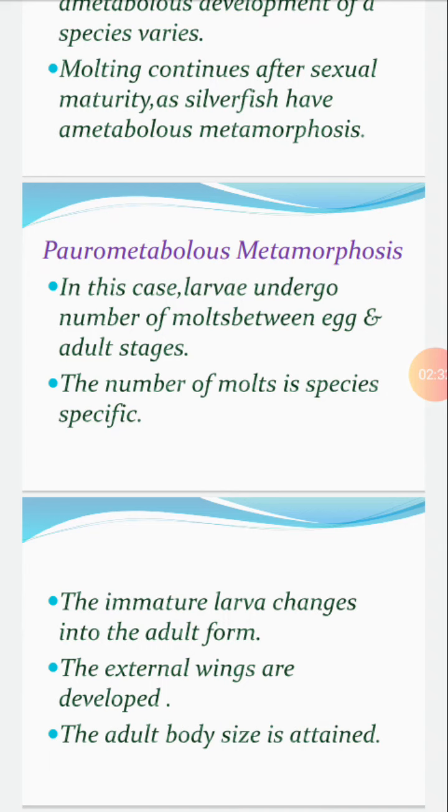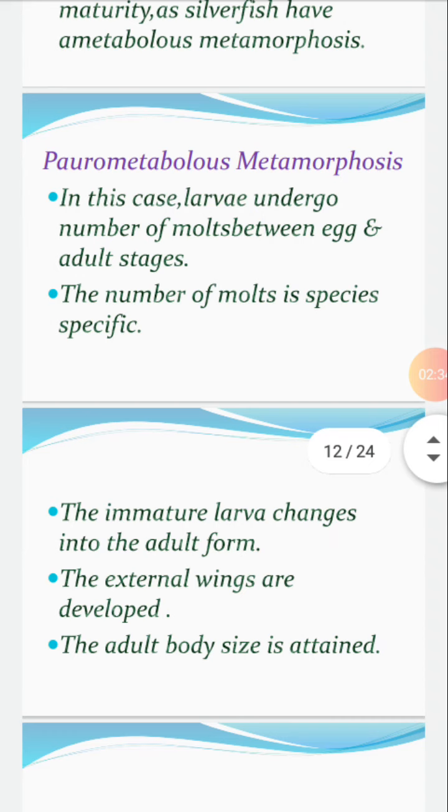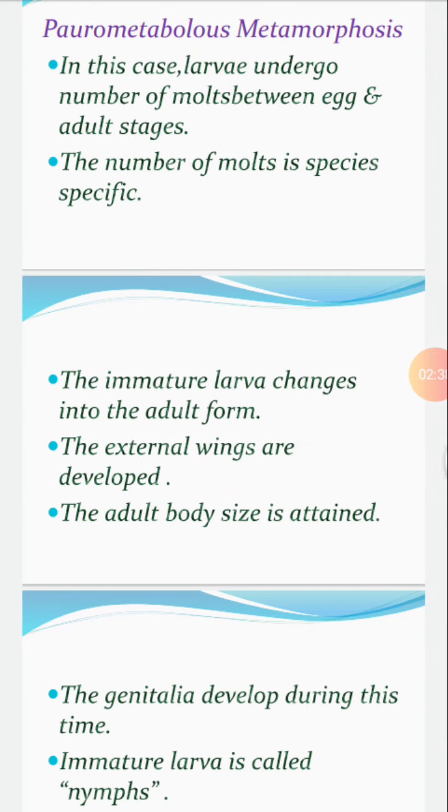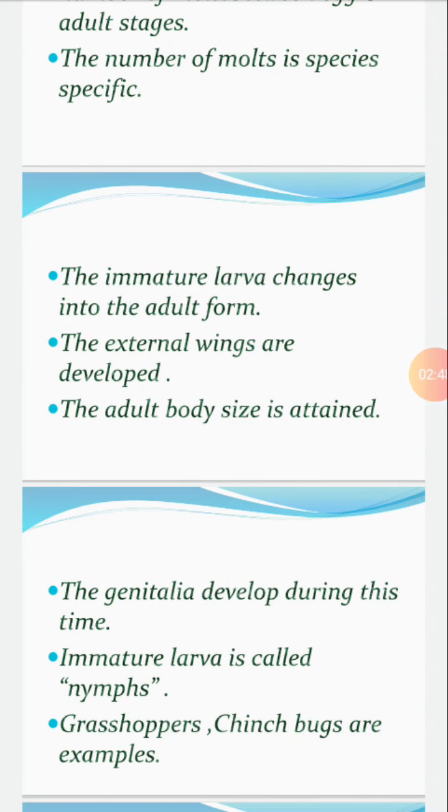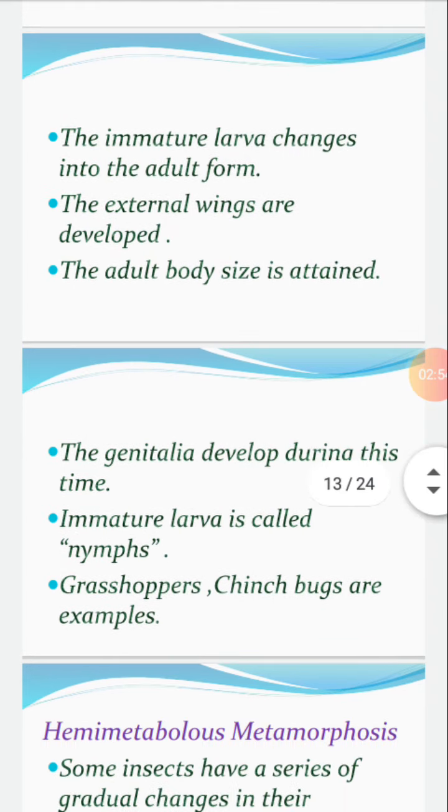The external wings are developed in them and the adult body size is attained. The genitalia, concerned with mating and reproduction, develop during this time. The immature larva is called a nymph. Grasshoppers and chinch bugs are examples.